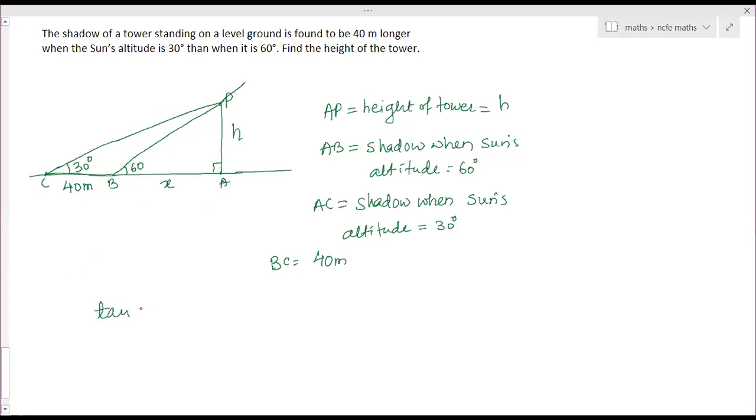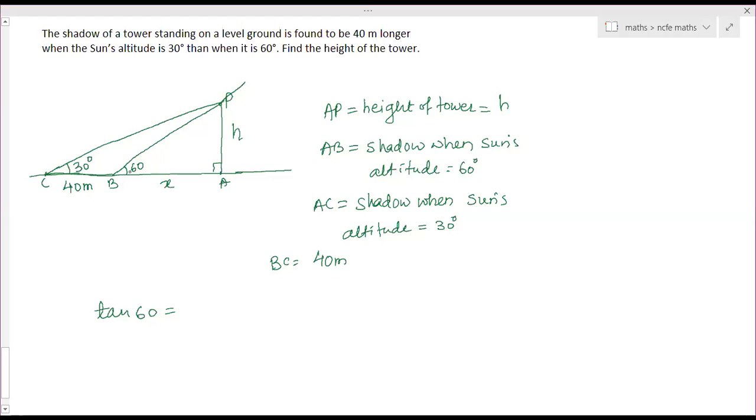So use tan of the first angle, tan 60. Tan 60 is equal to root 3. But in which triangle are we considering the 60 degrees?